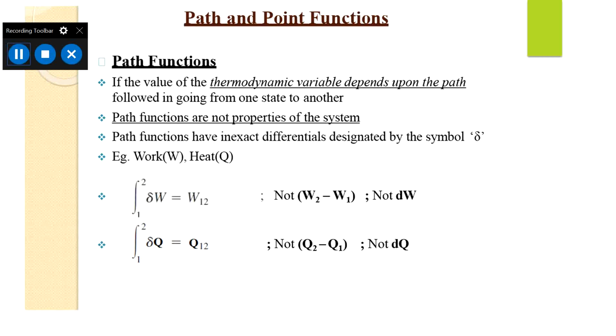To find the total work done on a system, we integrate from 1 to 2. W1-2 is the work done in changing from state 1 to state 2 through some path. Similarly, the change in heat, delta Q, can be written as Q1-2 through some path.